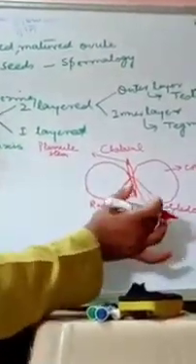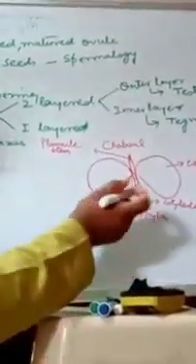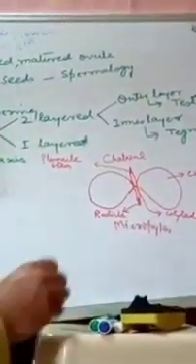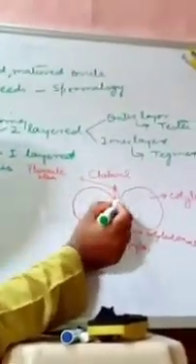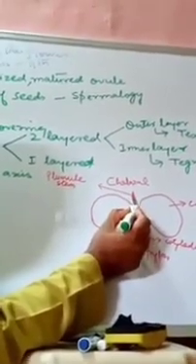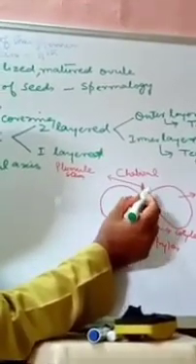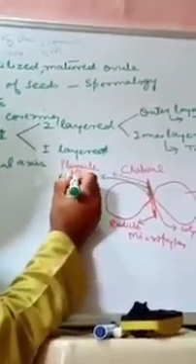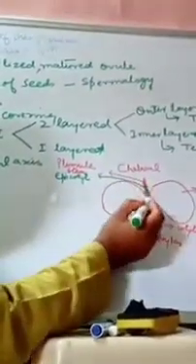What are these micropylar and chalazal ends? This will be studied when we discuss the structure of the typical ovule. Now there is one more part in this embryonic axis. Between the plumule and the cotyledonary node, we have this greenish structure that is called the epicotyl.